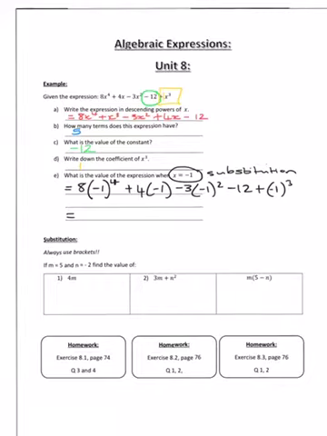So this is going to be 8 times positive 1, okay, which is just 8, plus 4 times negative 1 is negative 4.